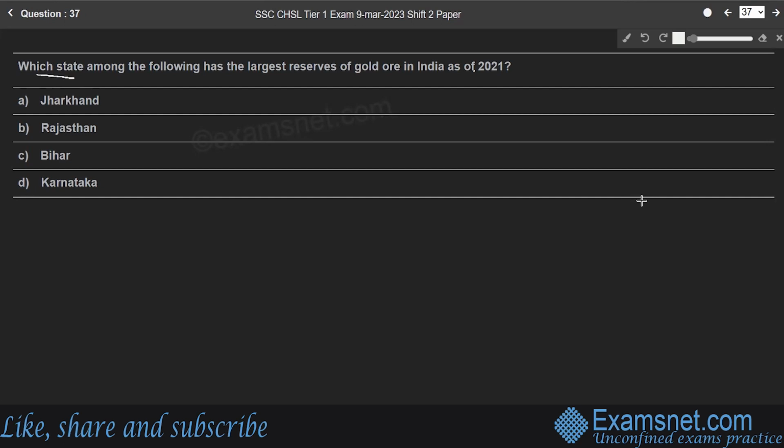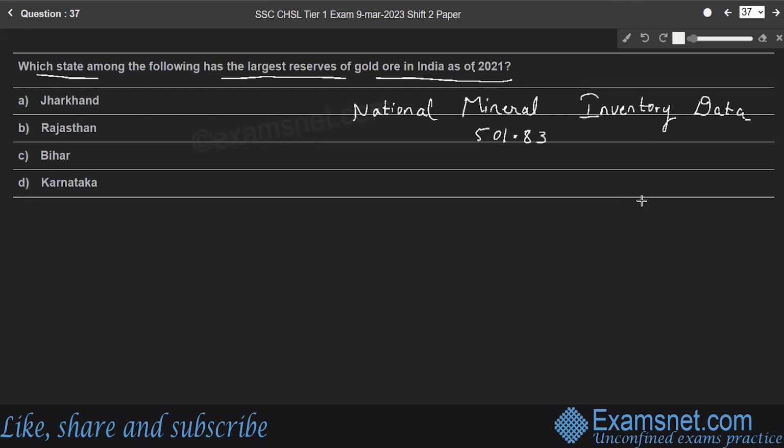Question 37. Which state among the following has the largest reserves of gold ore in India as of 2021? As per National Mineral Inventory data, the total reserves or resources of gold ore primary in the country have been estimated at 501.83 million tons.